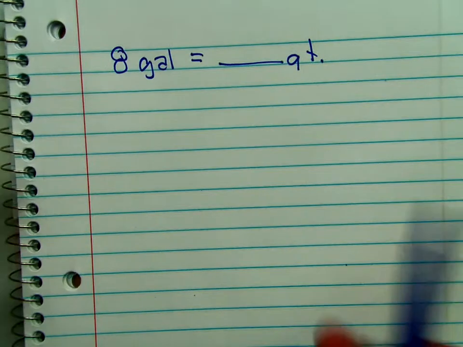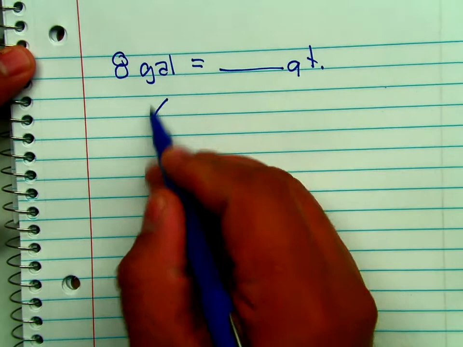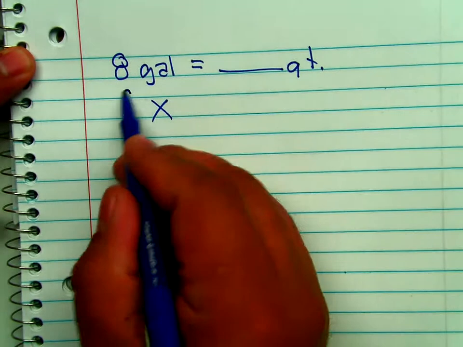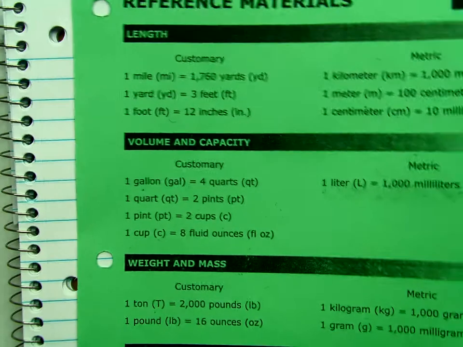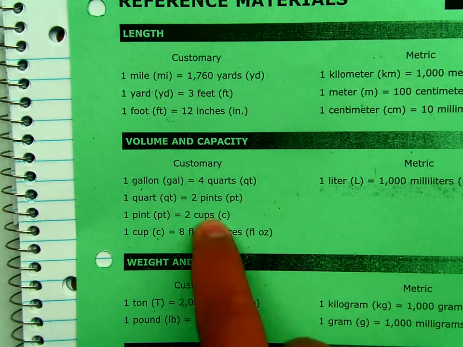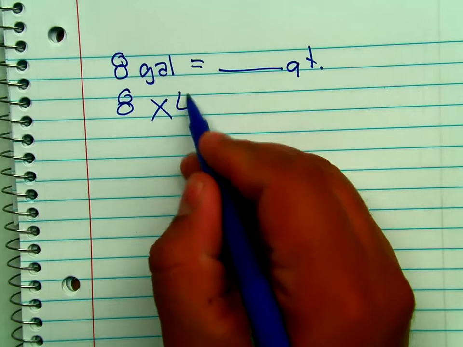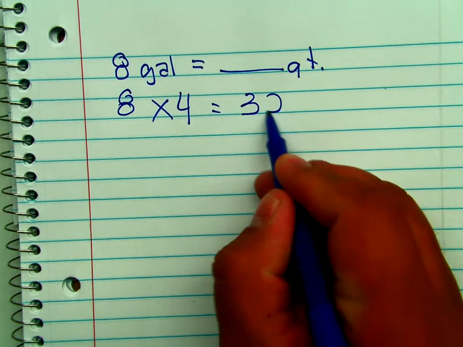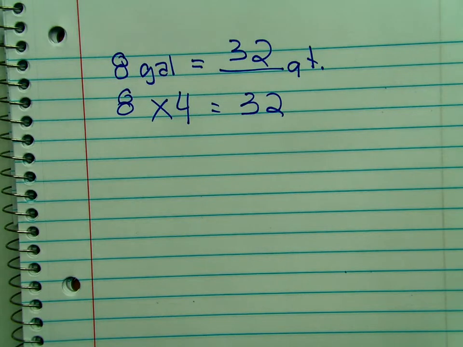And when I check my notes, big to small is multiply. So I'm going to be multiplying. I'll bring down the 8. And what number am I multiplying by? Well, how many quarts are in a gallon? It says 4 quarts. So I'm going to be multiplying by 4. 8 times 4 is 32. So 8 gallons equals 32 quarts.